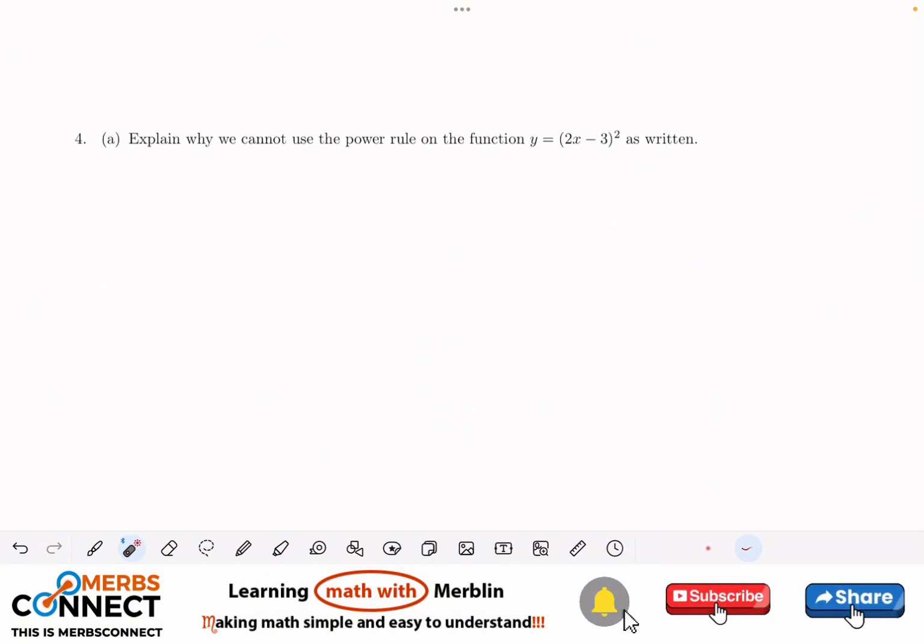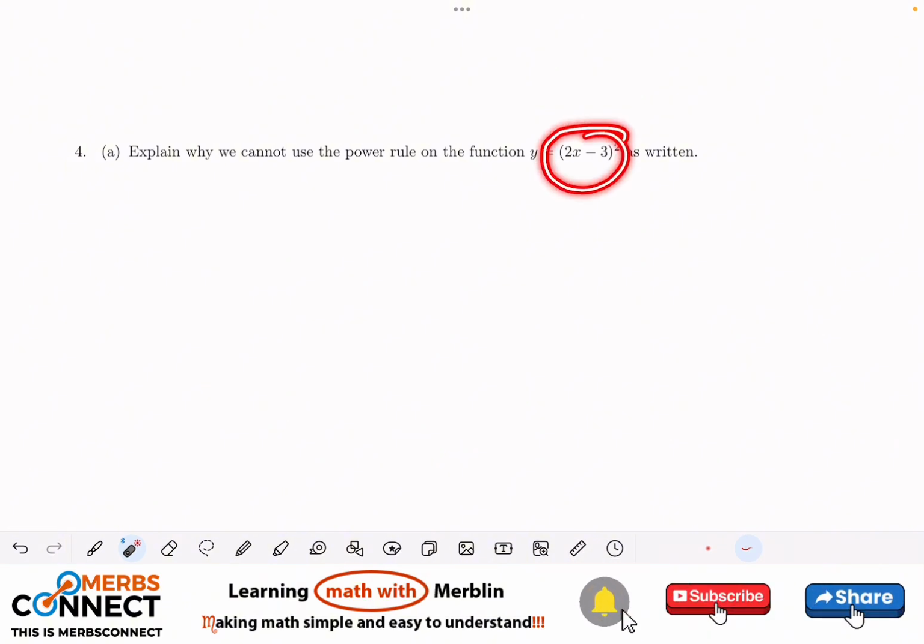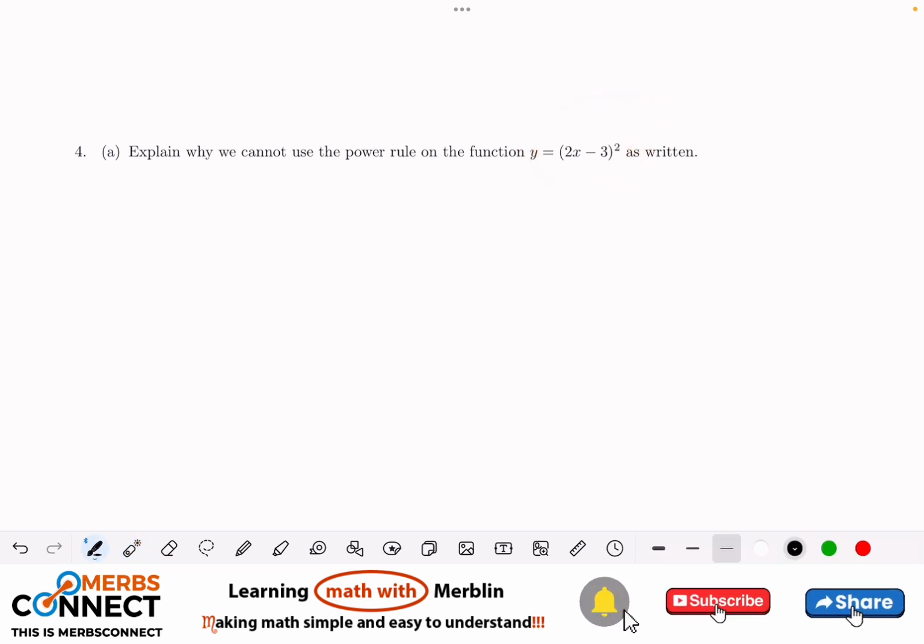Let's look at this one here. It said explain why we cannot use the power rule on this function. So we want to look at the reason why we cannot use only the power rule. We cannot use the power rule because when we started the power rule, we made mention that the function must be of the form x to the power n.